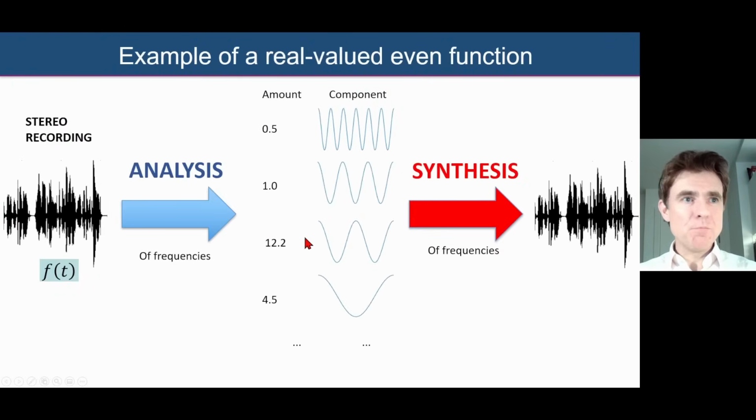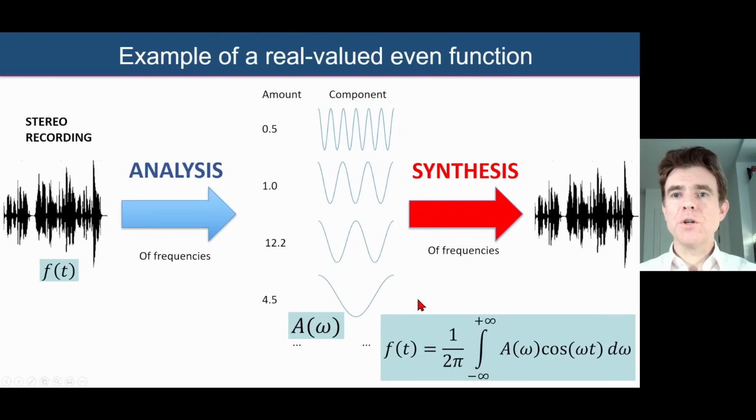Okay, so we're now getting more of the picture, I think, about how Fourier analysis works. We take the input signal, we can find the amount of a particular frequency omega, and then once we've found the amount of a particular frequency omega, we can use that amount as a coefficient or a scaling factor for that very frequency component. And then we do the same, we add it all up for all of the various frequencies omega, so we sum over omega to re-find the original signal.